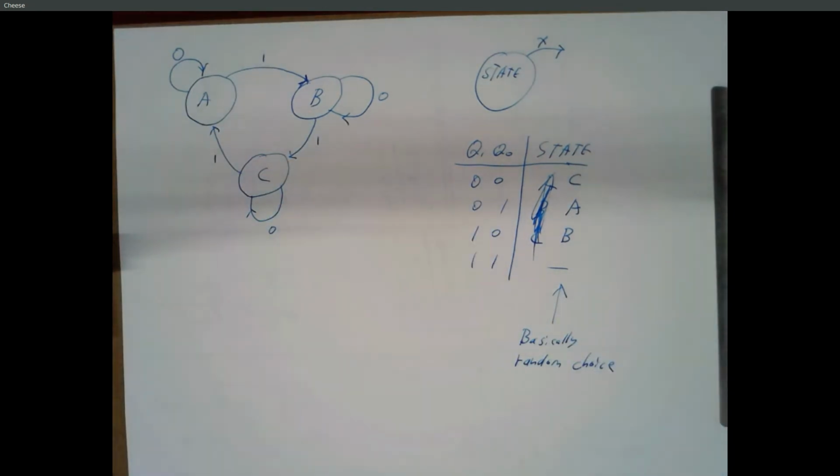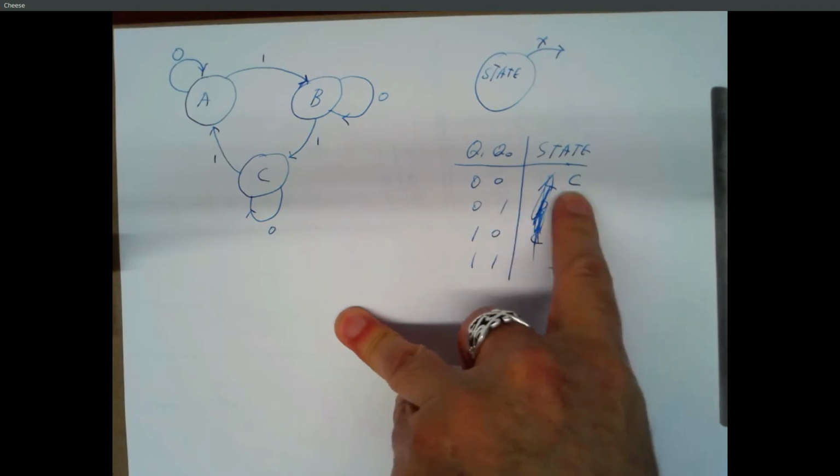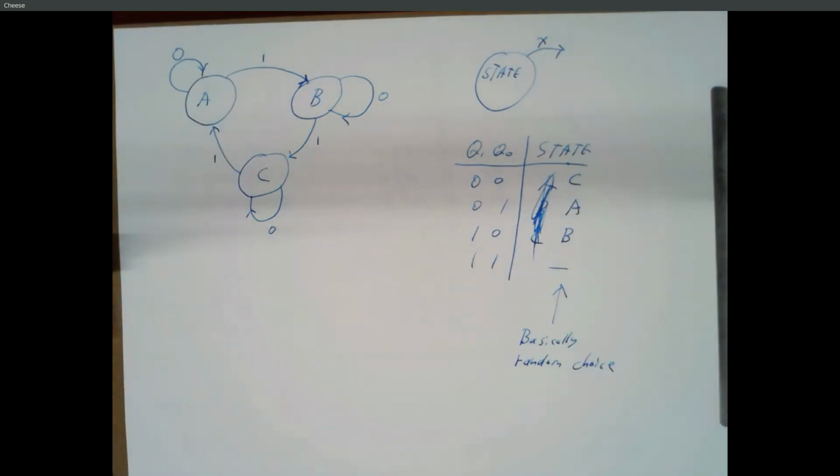Okay? So we can basically come up with any state table that we want. Okay, well, we've got the diagram. We know what the flip-flop values are that correspond to the states. What kind of flip-flops are we going to use? So how many people want to use D flip-flops?